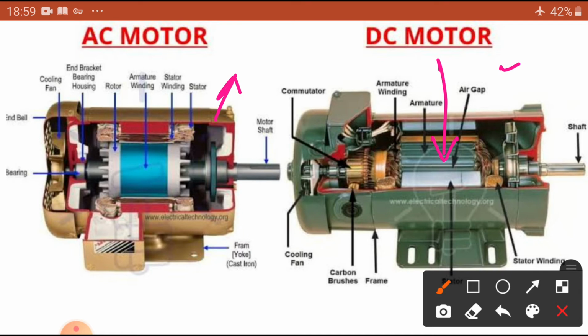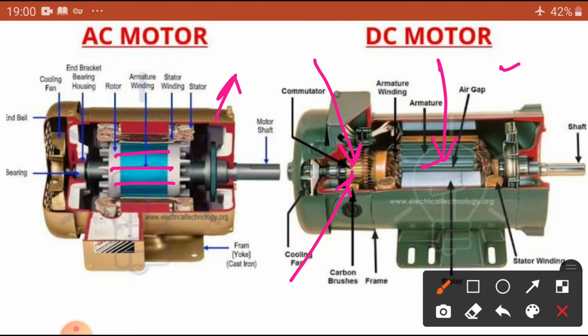In AC, the rotor is either a wound rotor or squirrel cage rotor, whereas in case of DC the rotor itself is the armature and the stator has the DC poles. The rotor in DC has a commutator, as you can see here, and it also has brushes to collect or give the supply to the motor.